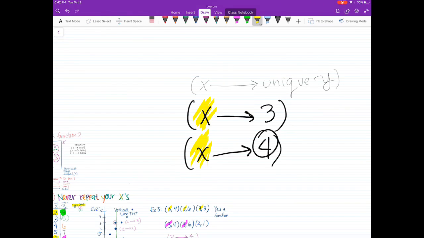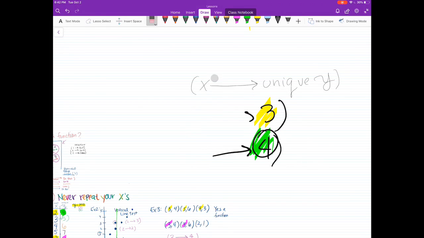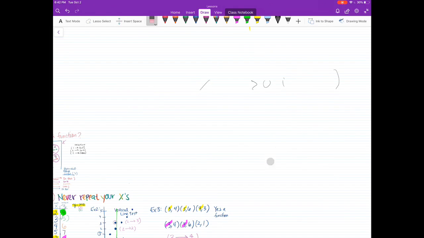You can't repeat your x's. As soon as you see your x's repeat, you're not a function, because you pushed it once and you got a 3. You pushed it again and you got a 4. And that is not a function. You're pushing a button and you're getting 2 different things, okay?